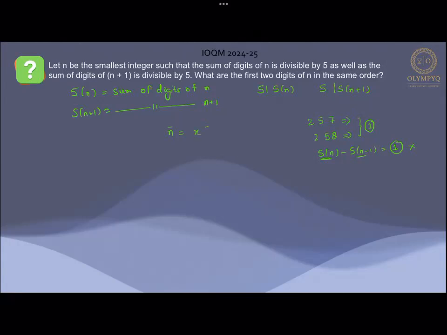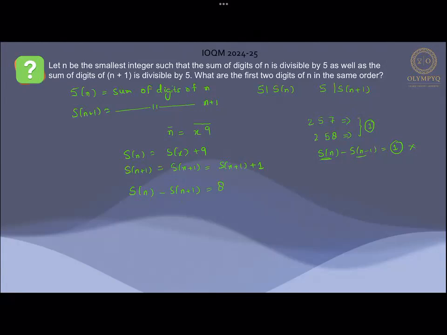And now let's say the number is some x9. The sum of digits of n is S(x) plus 9. Now S(n+1) will become S(x+1), which is S(x) plus 1. If we take the difference of these two, we get 8.